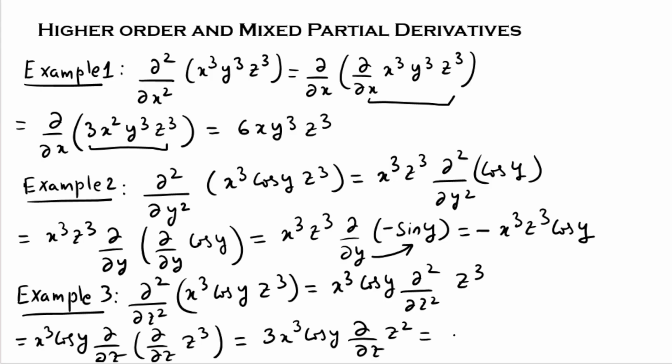Therefore, the final answer is z² gives me a 2z. 3 times 2 is 6x³ cos y z.